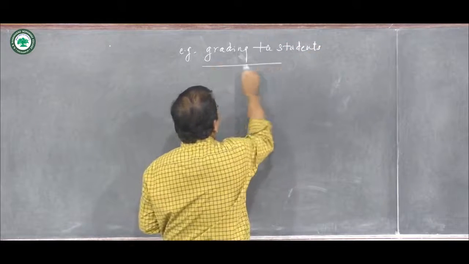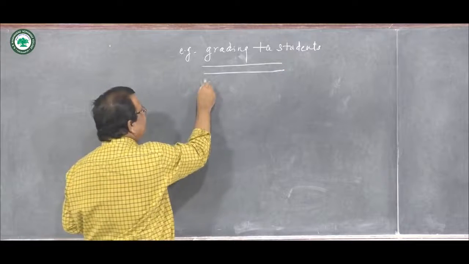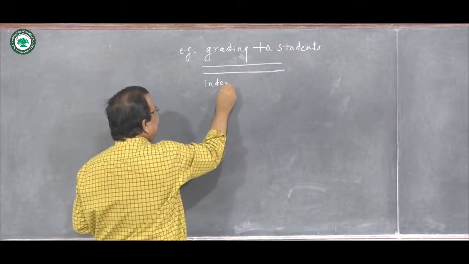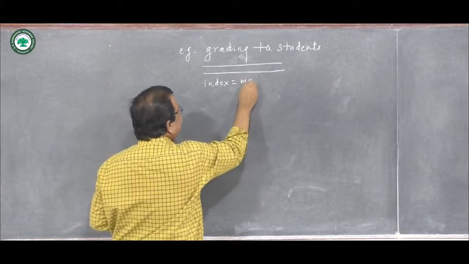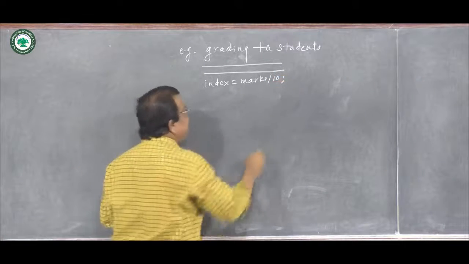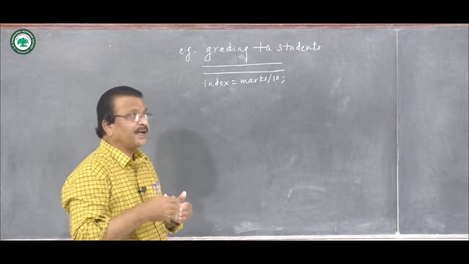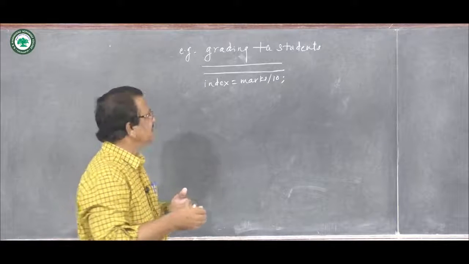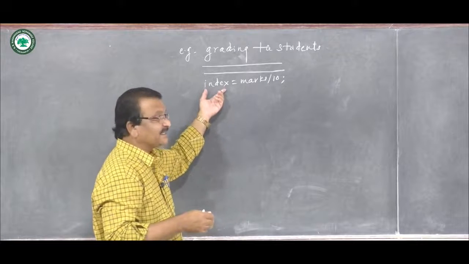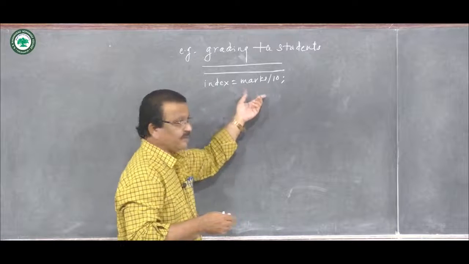A few C statements are there, and then here starts with the variable index, which is defined as marks divided by 10. This is an integer division. Therefore, if you are entering the mark of a particular student, then you will get an index from 1 to 10.